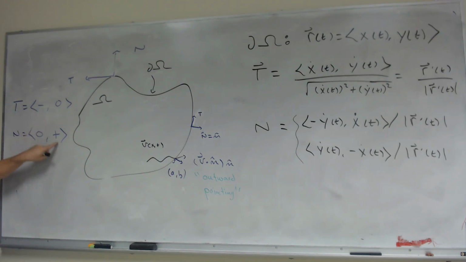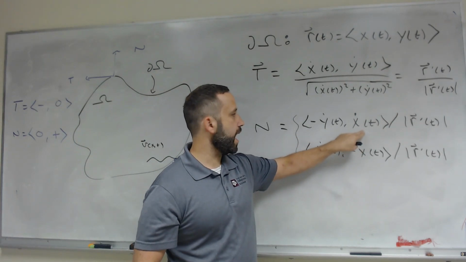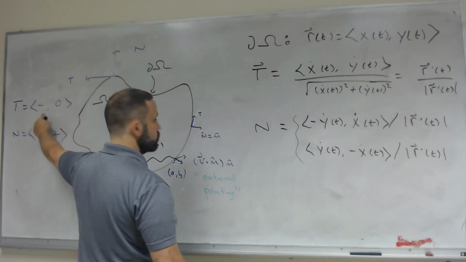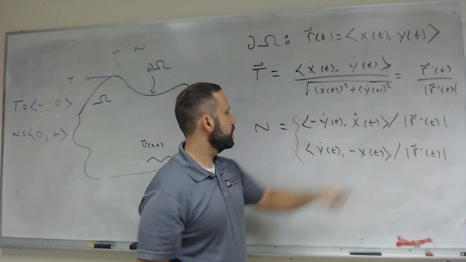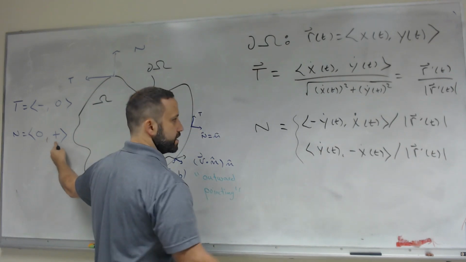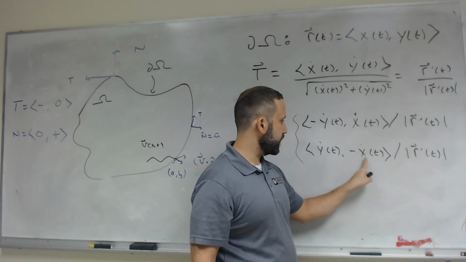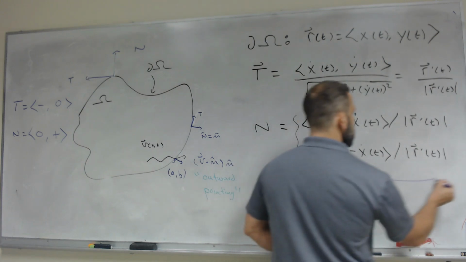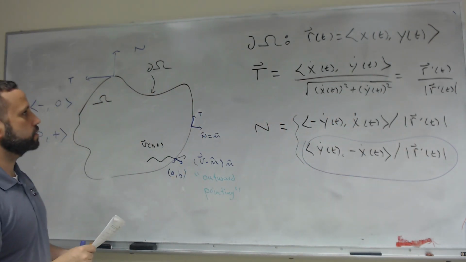On the other hand, if I choose this one, when I multiply it by -1, it's positive. And so this is the thing that I should use as the outward pointing normal vector.